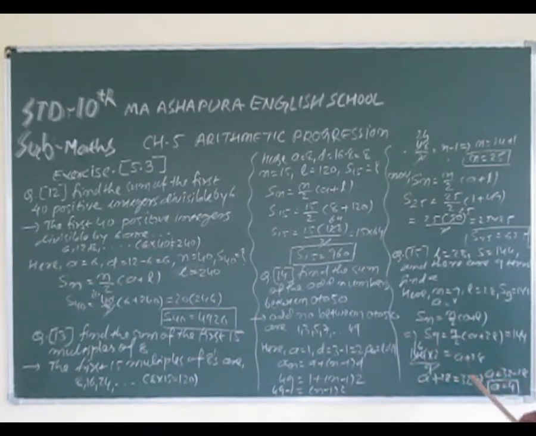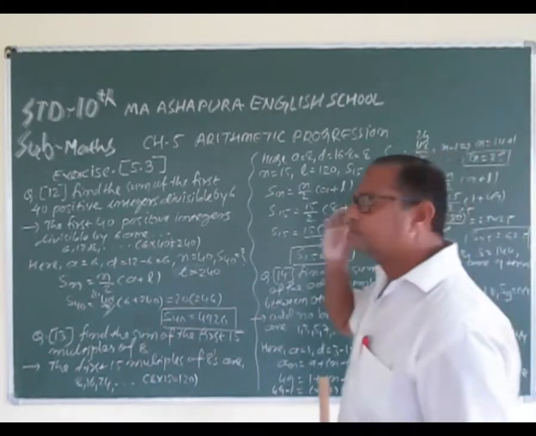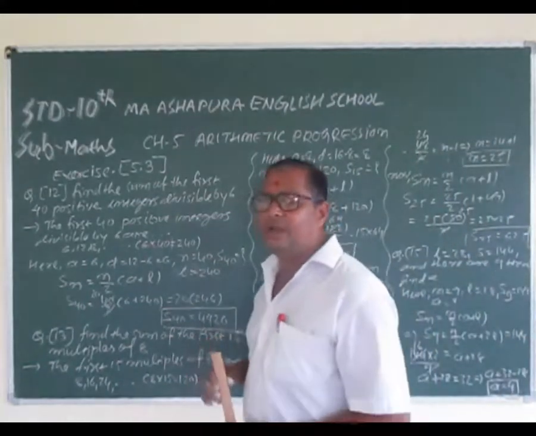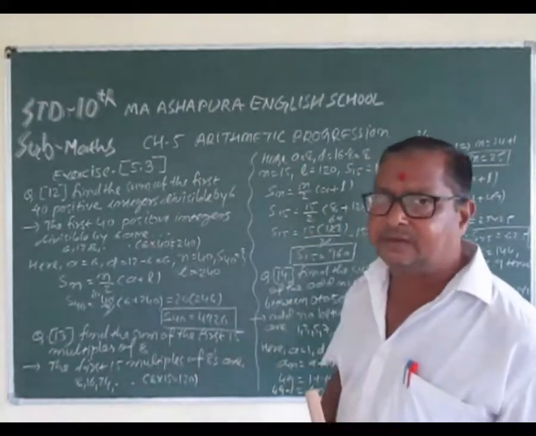Now 16 2s are 32, so we get a plus 28 is equal to 32. Now 28 is transposed to the right hand side, and finally we get a is equal to 32 minus 28 equal to 4. So here a is equal to 4. So dear students, I hope you understand very well and calculate all the sums.